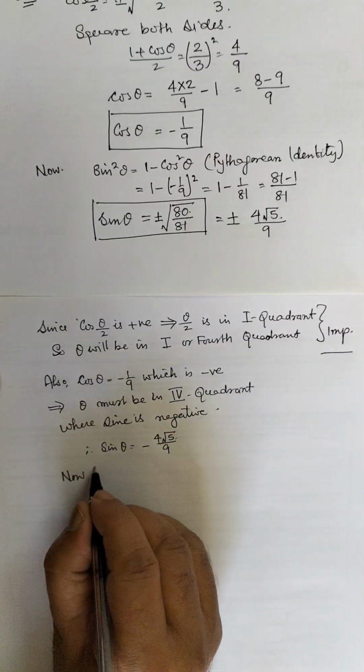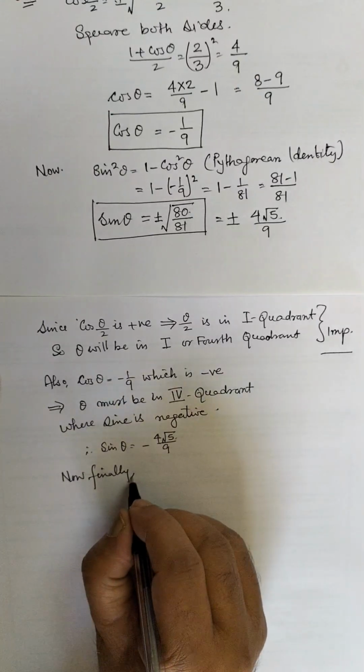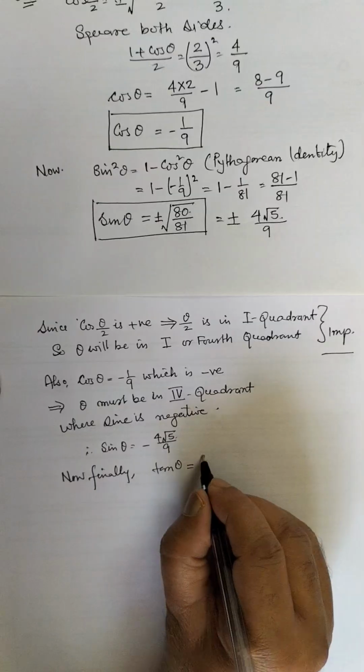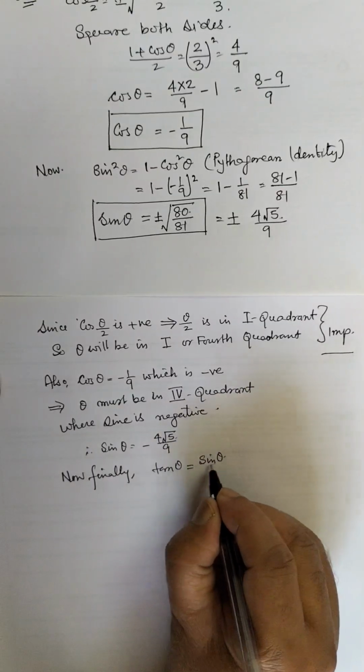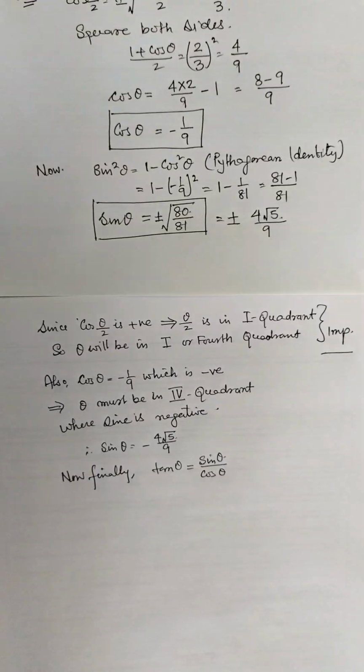Now, finally we will have tan theta equals sin theta by cos theta. This is what we know from the beginning.